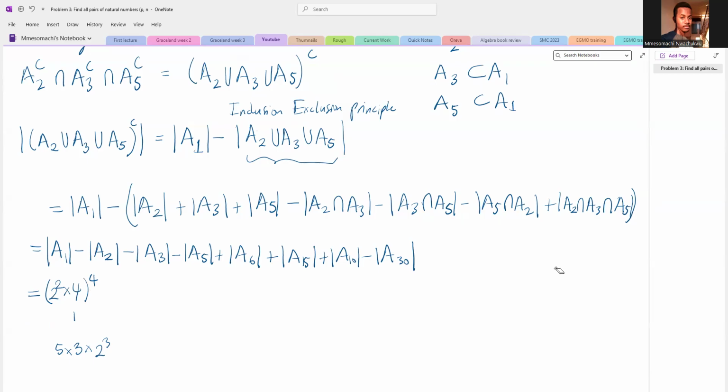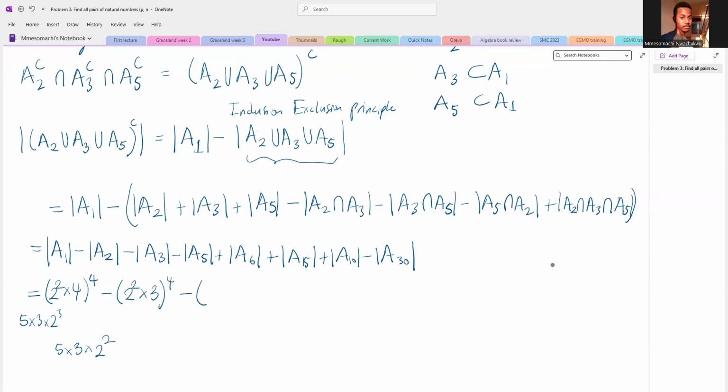Then for minus A2, the power reduces to 2. The original is 5 times 3 times 2 to the power of 3. So for A2, it is 1 plus 1 times 1 plus 1, then times 3, so we have 2 times 2 times 3, to the power of 4.